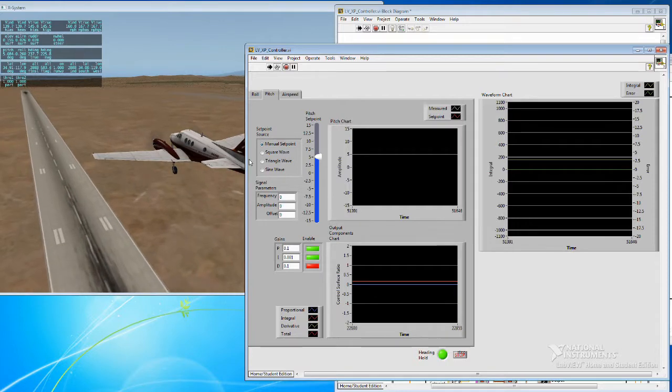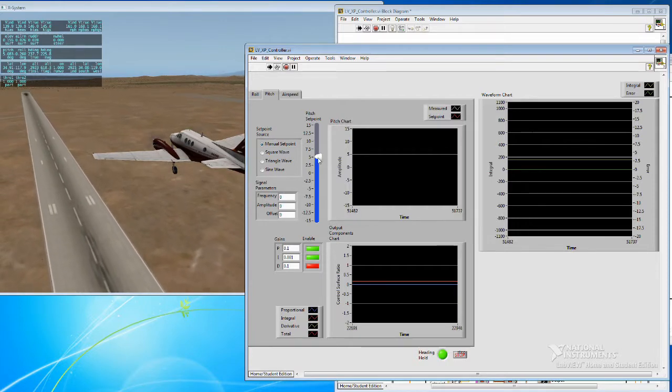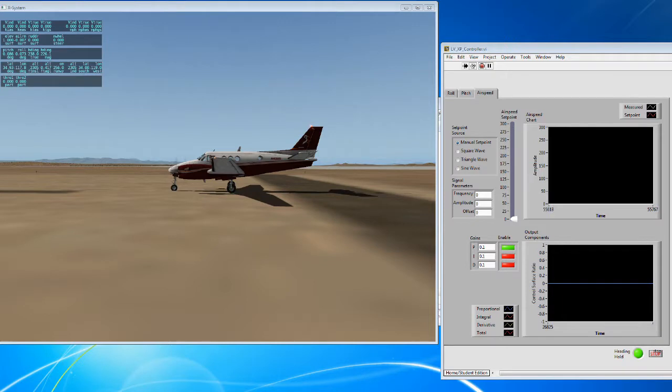So we shouldn't get significant wind up. Let's do that one more time and just keep an eye on the pitch response and see what it looks like.